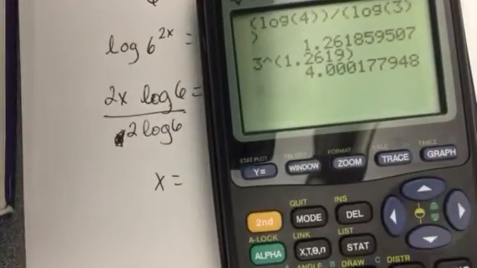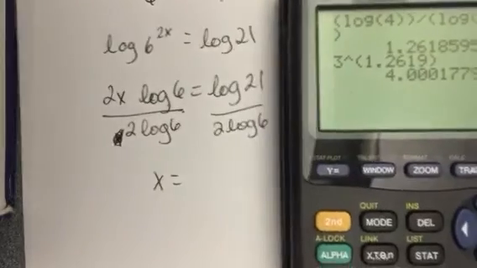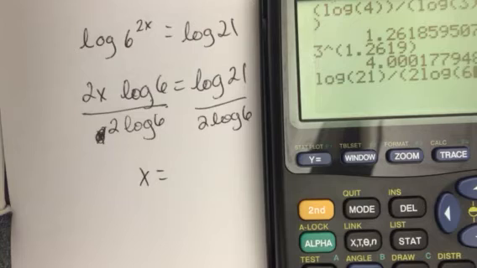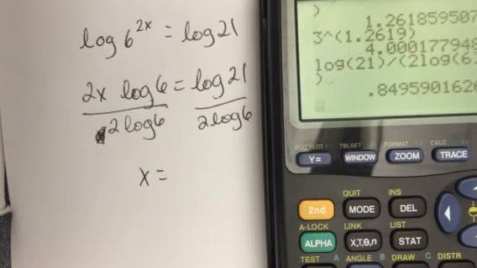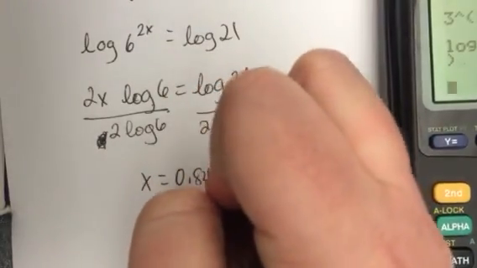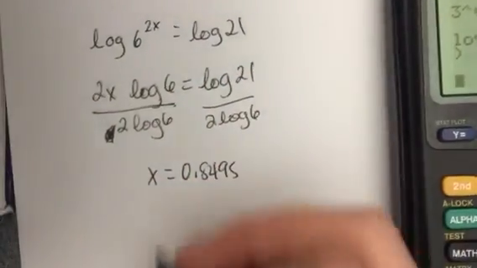Now let's throw everything into the calculator. Kind of rushing here because I've got to get under my 10-minute mark. So log of 21 divided by parentheses 2 log of 6, and we get 0.8495. Again, let's substitute it in.